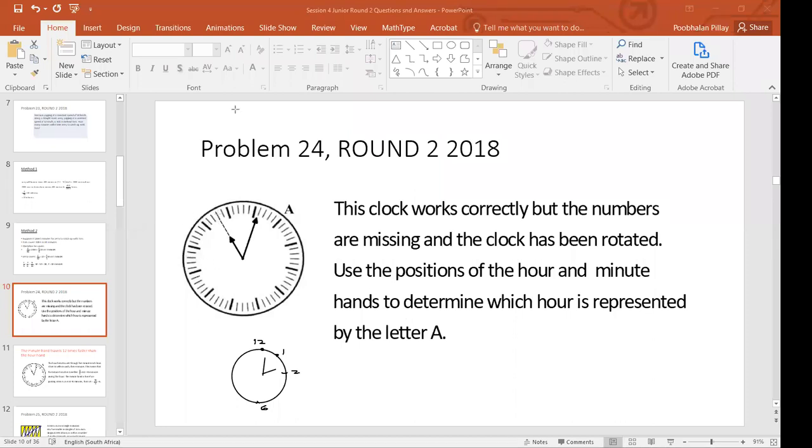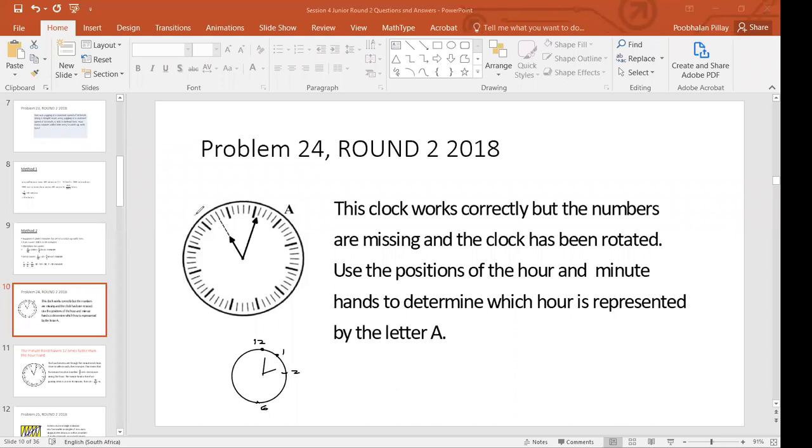Now, I have to admit that I struggled for a bit with this problem until I realized something quite nice. The logic here is that, watch the hour hand. And this part here is drawn, and it's exactly a 3.